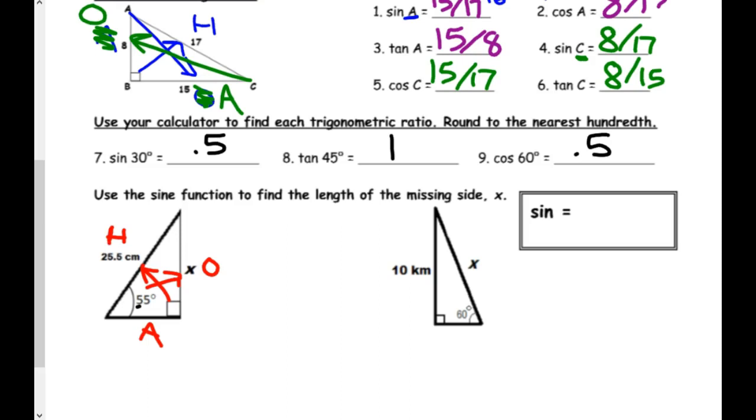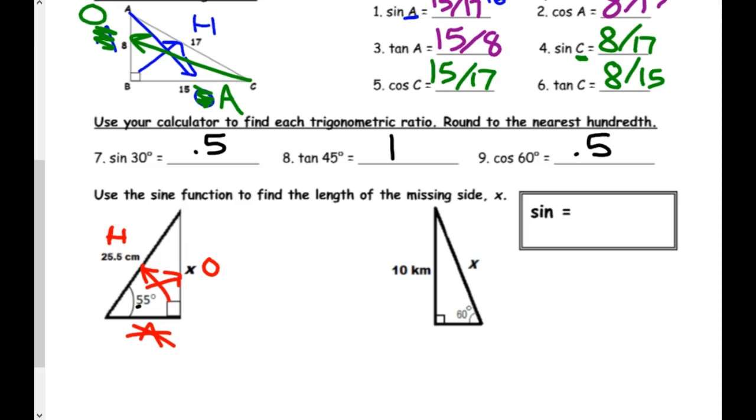Now, when you do this on a problem like this, you need to figure out which one do I not need. So look at O, H, and A. Which one has nothing next to it? Okay, H has a number, O has a variable, but A has nothing next to it, right? So if there's nothing next to it, I can't use it. I mean, what number would you put there? I don't know. So cross out A. We don't need it in this problem because there's nothing there, okay?